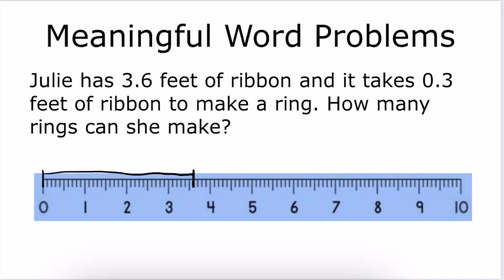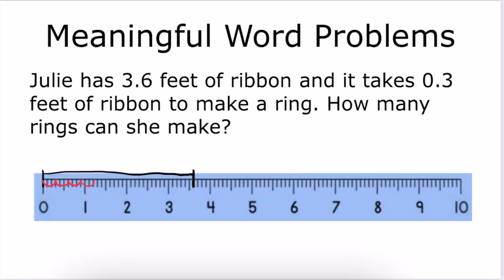And if we want to make groups of 3/10, then we can just kind of skip count by 3s. So we'd say, okay, there's 1 ring, then 2, 3, and that gets me to 9/10.